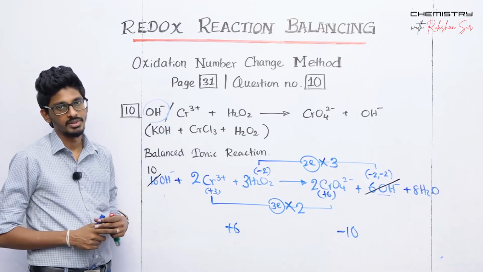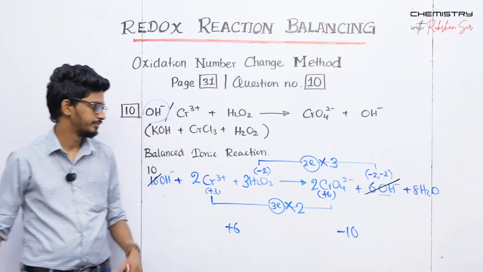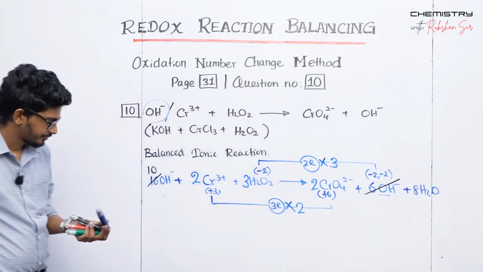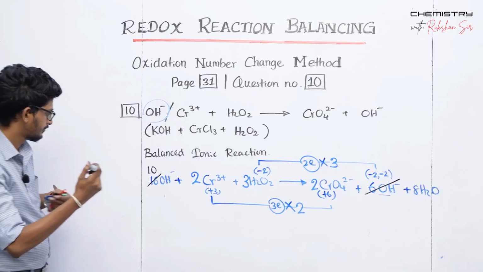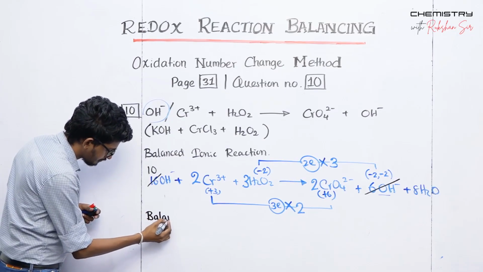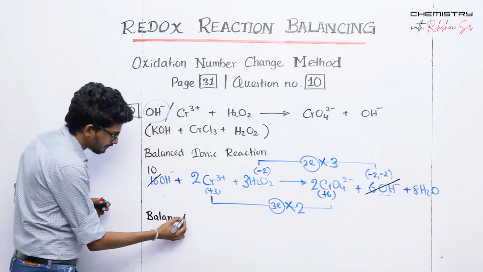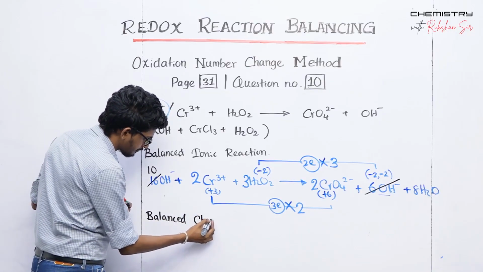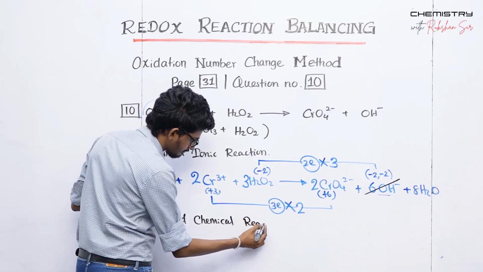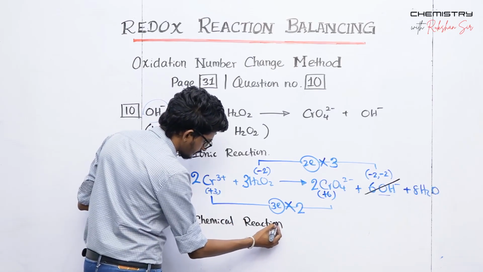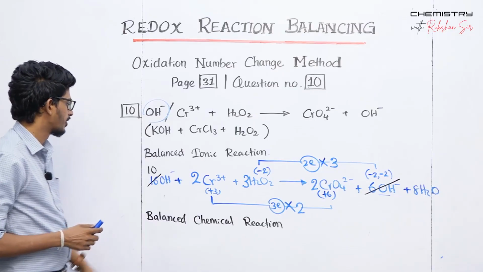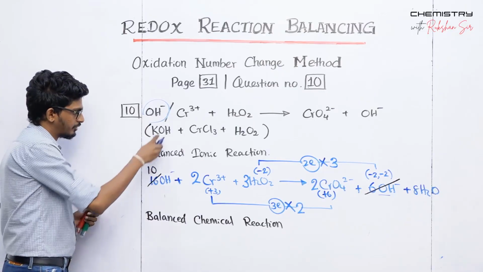Let's come up with the balanced chemical reaction as well. To provide the OH minuses, they had used KOH.